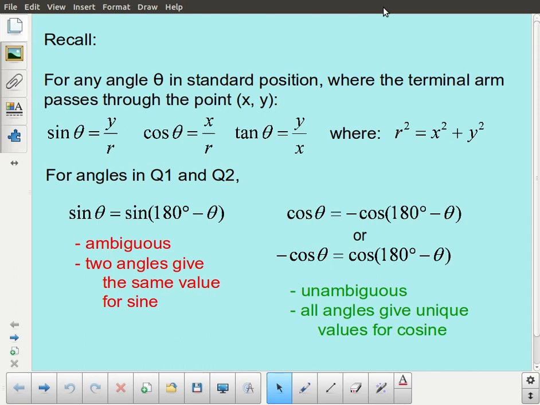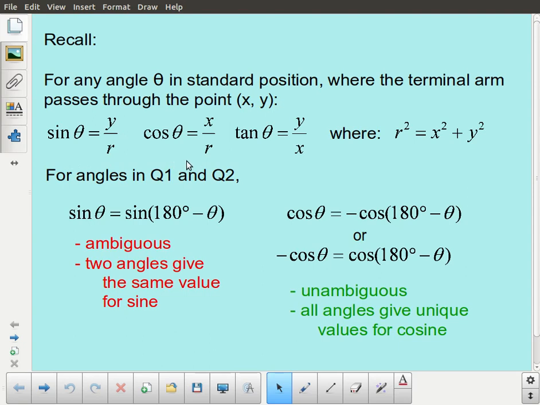In that discussion, we introduced defining trigonometric ratios in terms of a point with coordinates x and y, and the distance from the origin to that point, which we've labeled as r.